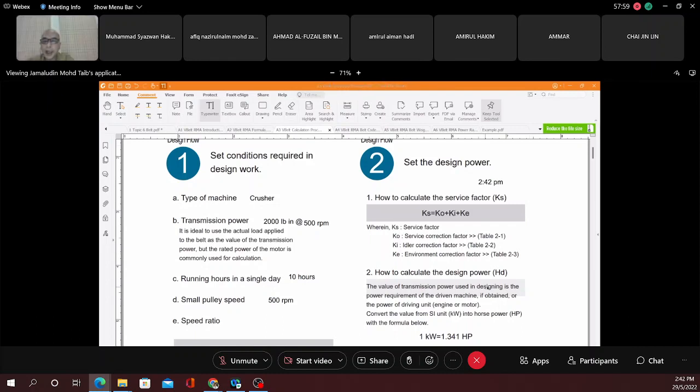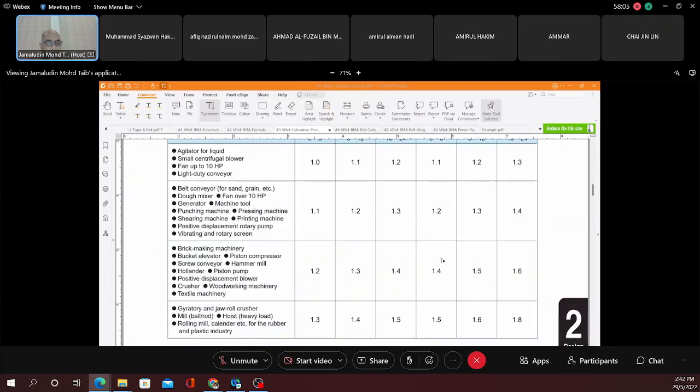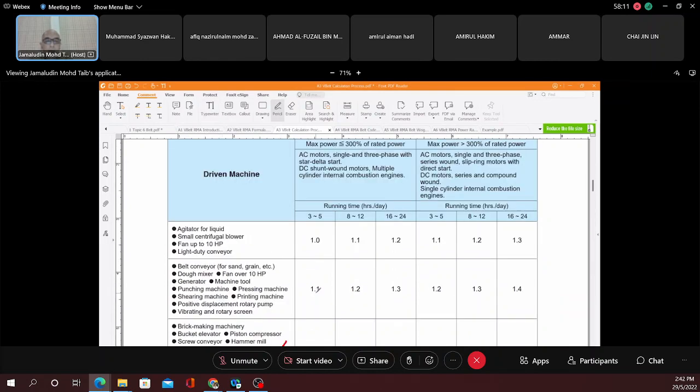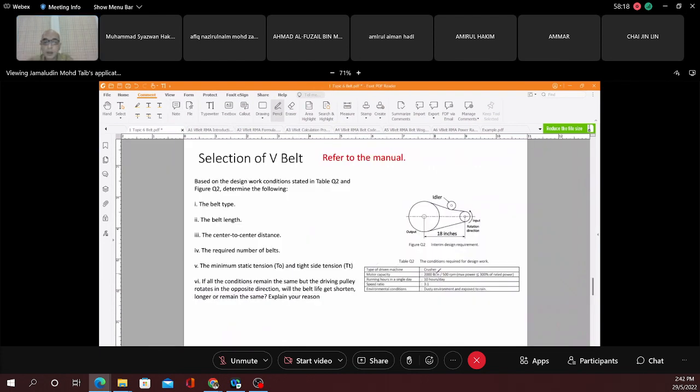Okay, right? KS, we start with K0. It's going to be a crusher. For the motor capacity, the maximum power is going to be less than 300%.